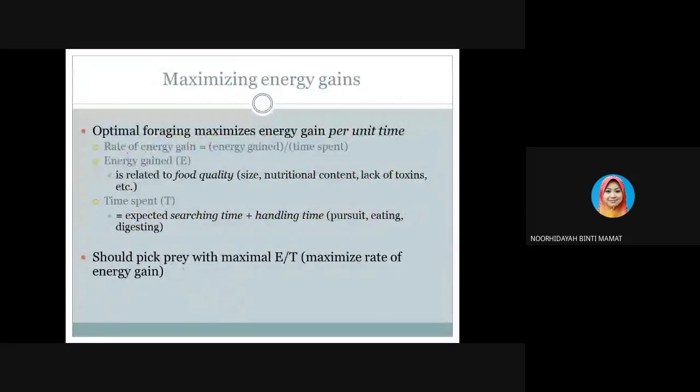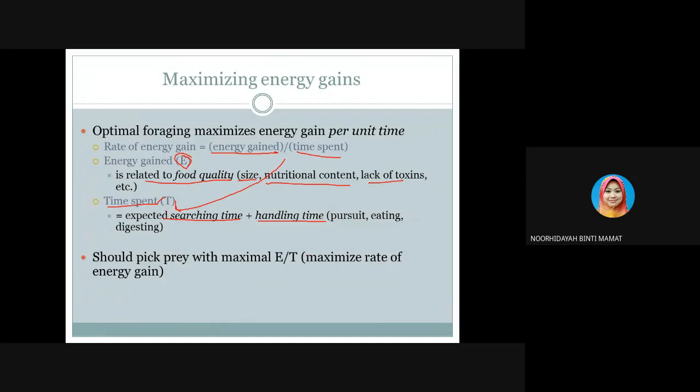The rate of energy gain is equal to the energy gain divided by the time spent. The energy gain here is related to the food quality that the animals get, which is the size of the food, the nutritional content of the food, and also the toxin of the food, etc. While the time spent refers to the expected searching time plus the handling time, which is the pursuit, the eating, and also the digesting of the food.